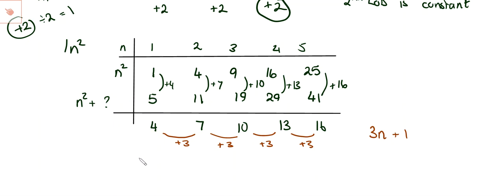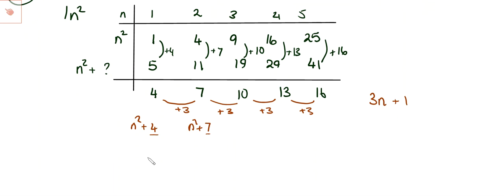This number here is n squared plus 4. This number is n squared plus 7. Because this changes, we're looking for a rule for just these numbers. We found out it's 3n plus 1. So what does that lead me to? It's n squared plus 3n plus 1.